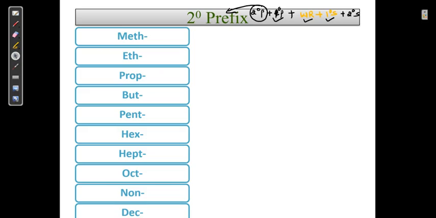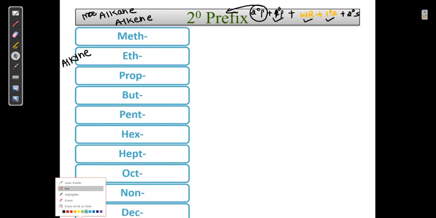So how is it? Suppose I have methane. So I can write that it is alkane. And the others are alkene and alkyne. Where should I write it here, alkyne. So when alkane and alkenes are there, simply I can say remove ANE and add YL.